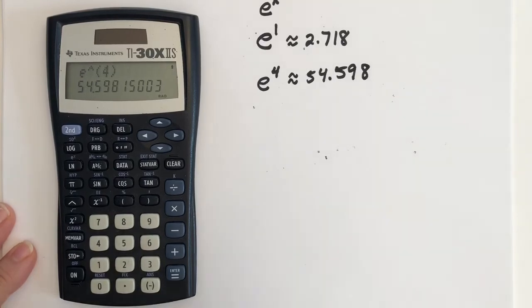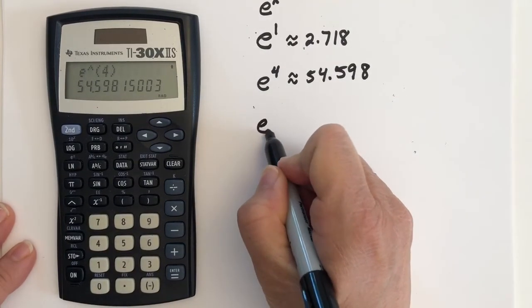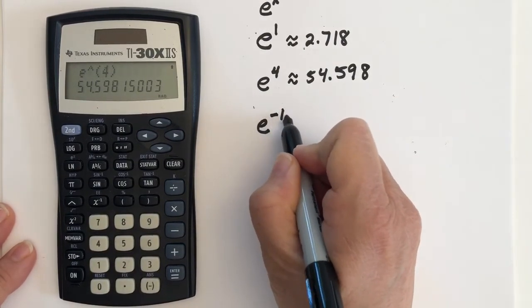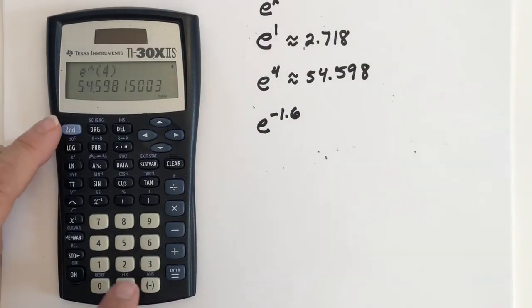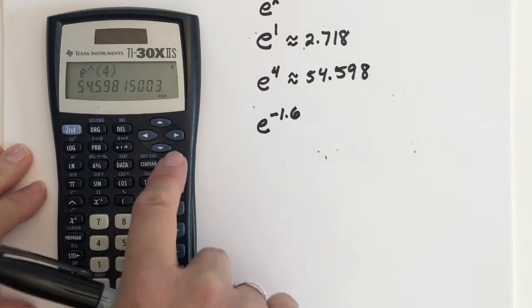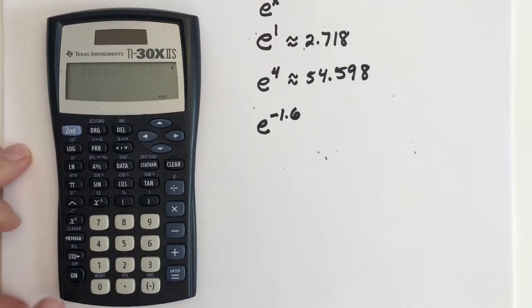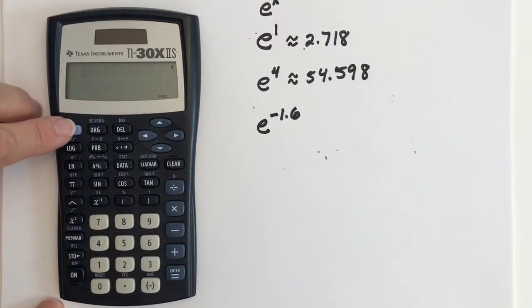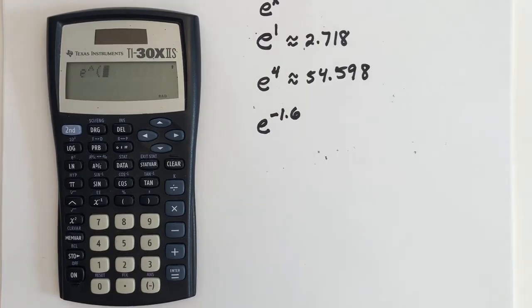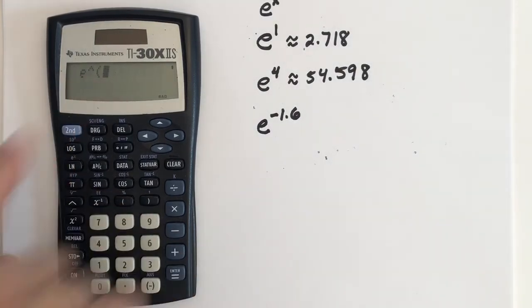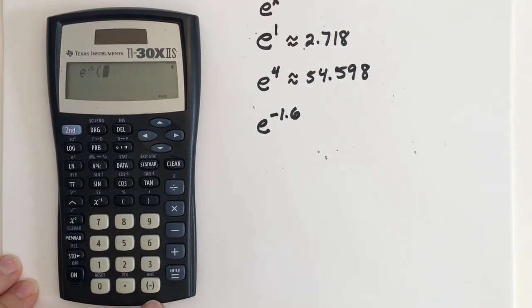Let's do another one. Let's raise E to the negative 1.6 power. So this time I'll just start from scratch. I'm just going to clear off my screen. Again, for me, I have to press the 2nd and then the LN button because the E is above it. So I have E to the, and now I have negative 1.6.